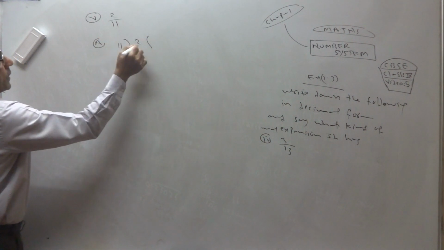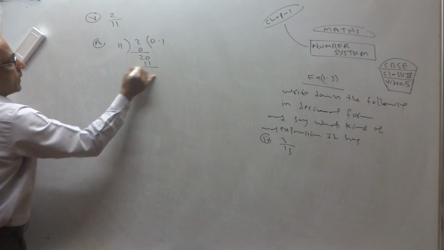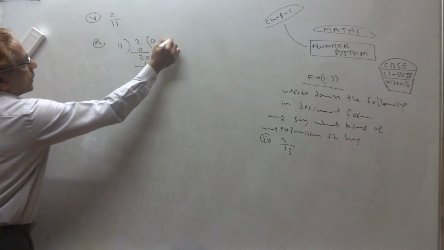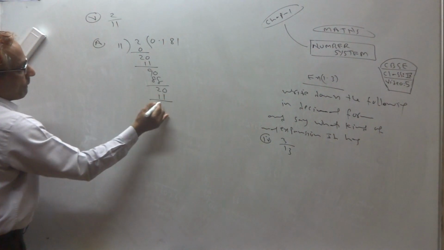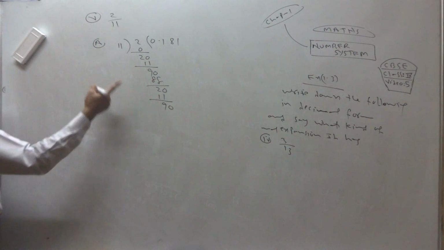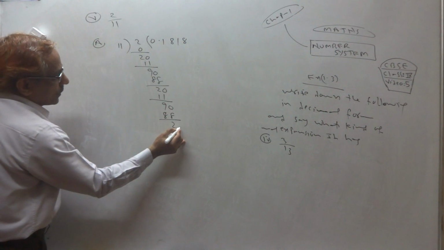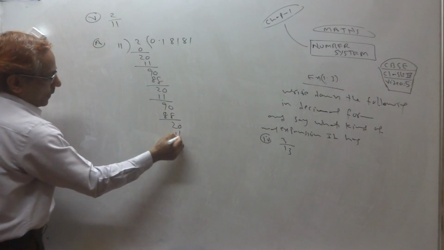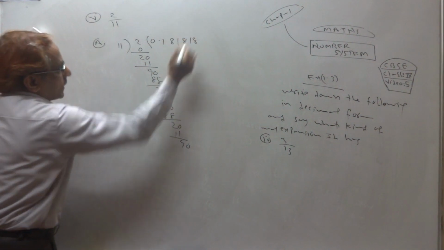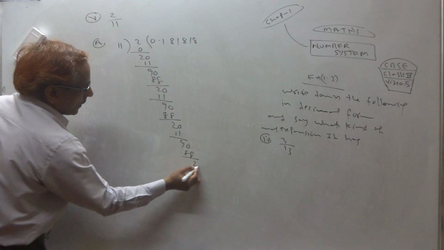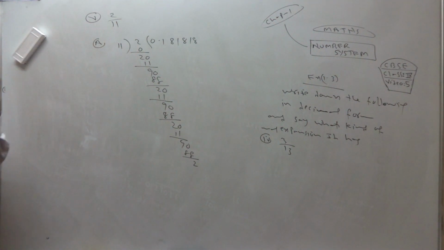2 divided by 11. 11 zeros are 0. 2 left. Decimal 0. 11 ones are 11. 9 left. 0. 11 eights are 88. 2 left. 0. 11 ones are 11. 9 left. 0. 11 eights are 88. So it will be continued, 0.18, 18, 18, never stops.